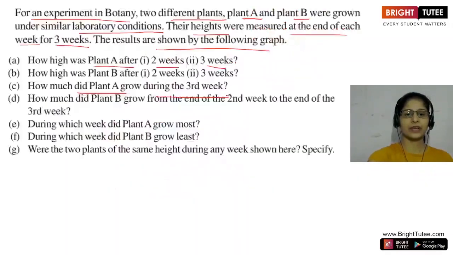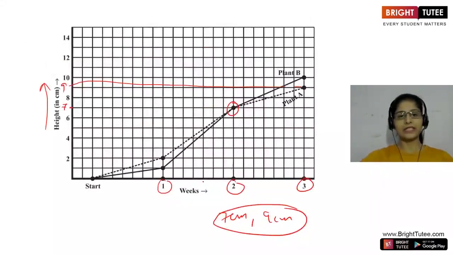So we see here, after the second week and up to the end of the third week, that means in the third week, how much plant B has grown. So plant B was 7 centimeter here, and it grew up to how much? Just see, it is 10 centimeter. So it grew 3 centimeter.